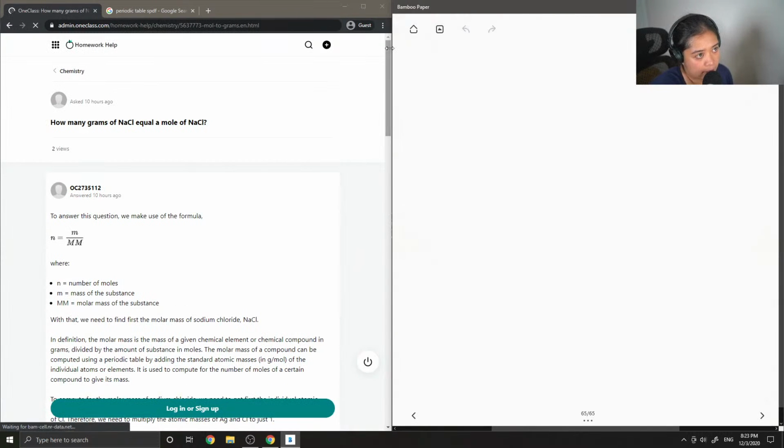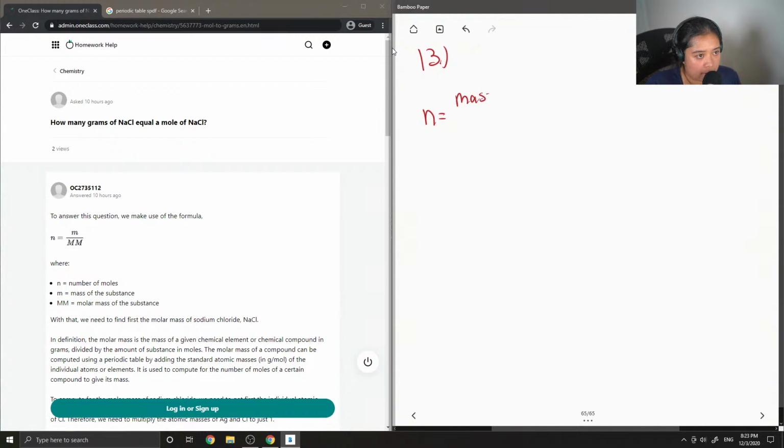Question 13 asks, how many grams of NaCl is equal to a mole of NaCl? Okay, so first we need to bring up our mole equation, which is number of moles is equal to mass over molar mass. So to answer this question, we would first need the molar mass of sodium chloride.